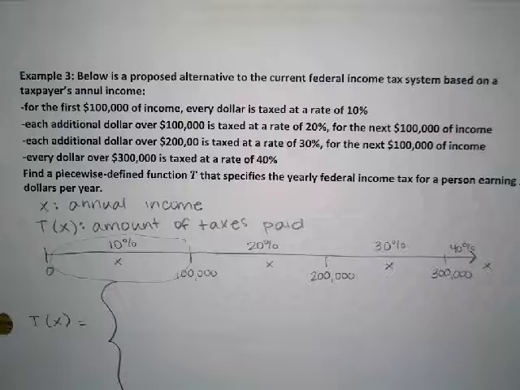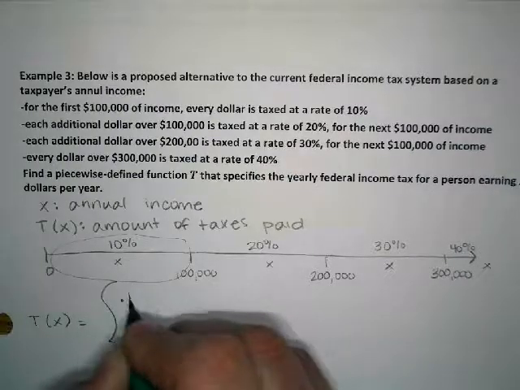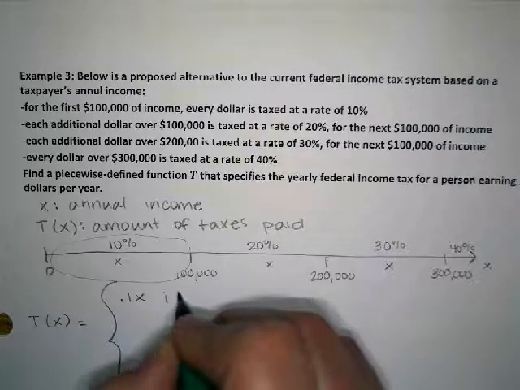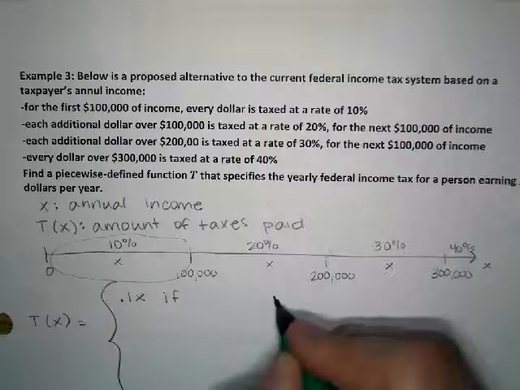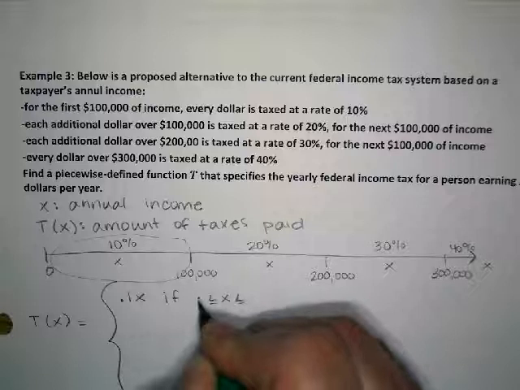What did I say my income was when I started? 100,000, but what variable am I using? Because it doesn't have to be exactly 100,000, right? It has to be between 0 and, okay. So we're going to say 0.1 times X, okay? And this is if X is between what numbers? Okay, so if X is between 0 and 100,000.